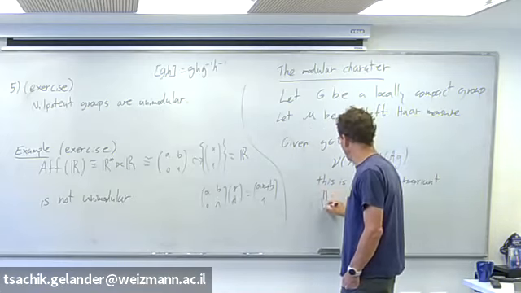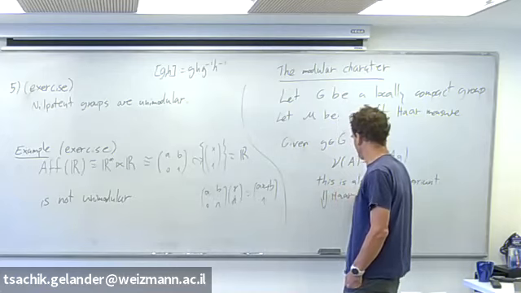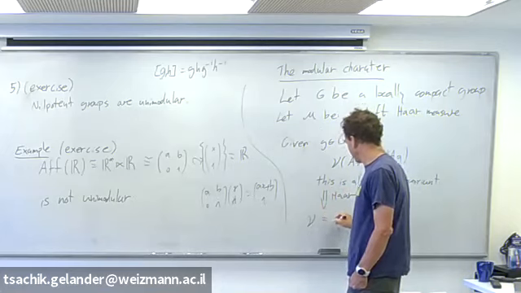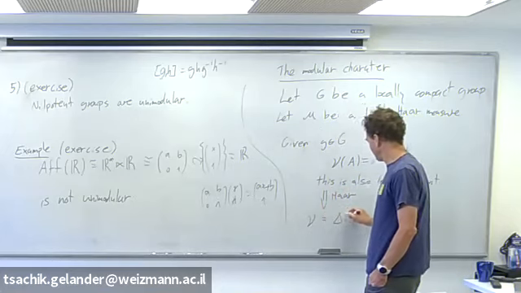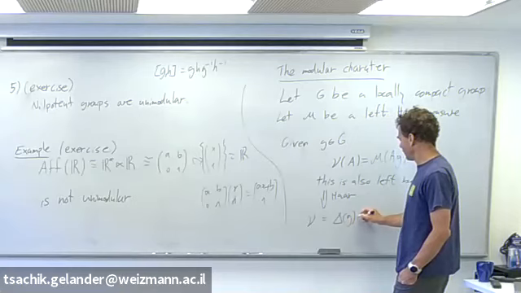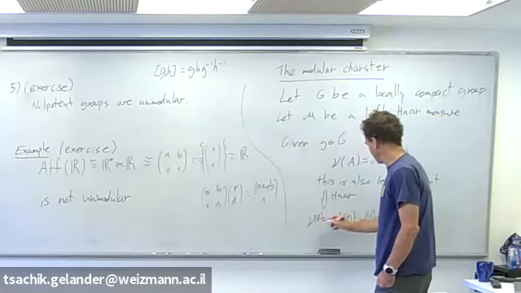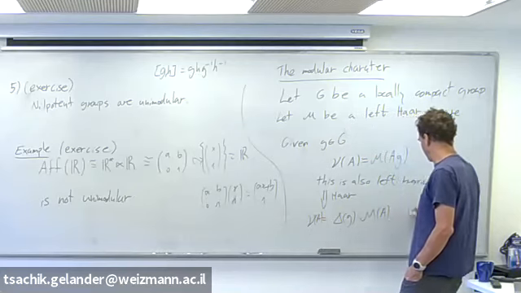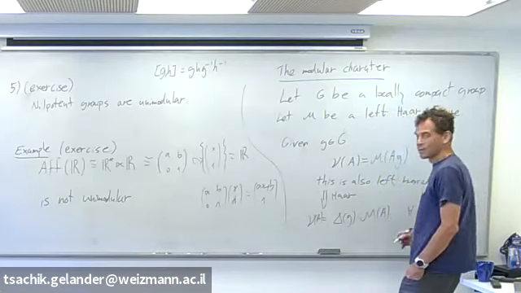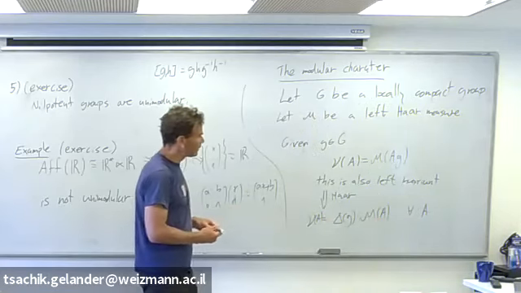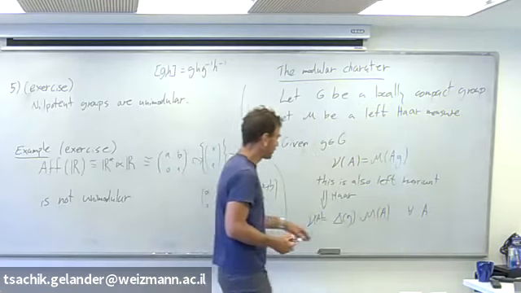So this implies by our theorem that nu is equal to some scalar, which I denote by delta of g, times mu. This scalar delta is called the modular character.